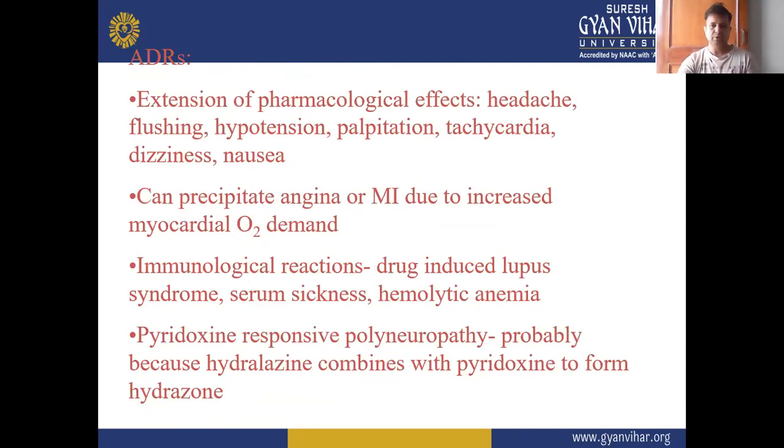Adverse drug reactions are extensions of pharmacological effects such as headache, flushing, hypotension, palpitation, tachycardia, dizziness, and nausea. It can precipitate angina and myocardial infarction due to increased myocardial oxygen demand.